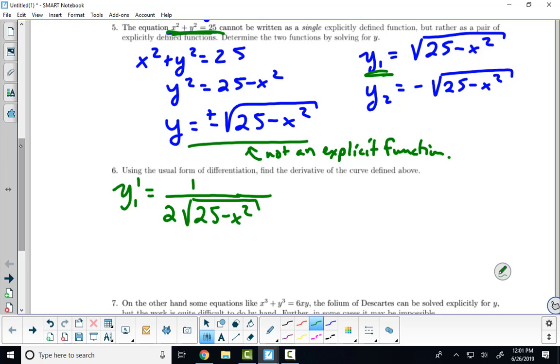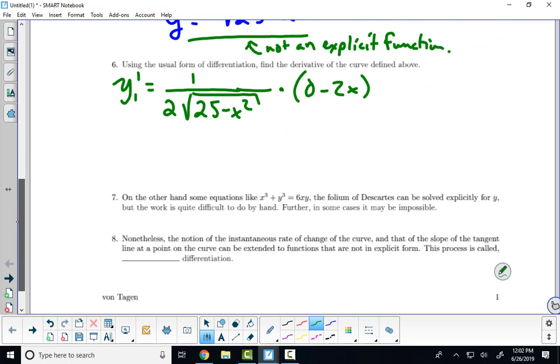No. What do I need to do? The chain rule, which says take the derivative of what's inside that expression. What's the derivative of what's inside that expression? I'll go ahead and write 0 minus 2x, just to remind you, because we haven't done a chain rule since Monday. Any questions on that? Okay.